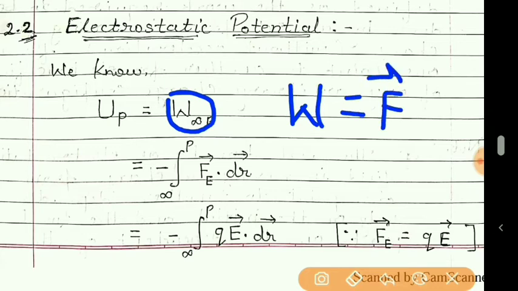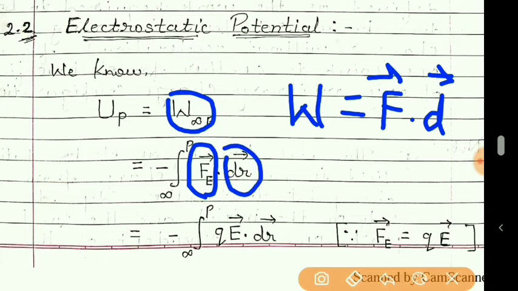Now, what is work? Work is F dot d. It is a dot product of force and displacement. So here also the work is done with the help of this electric force Fe and the displacement, and there is a dot product here.